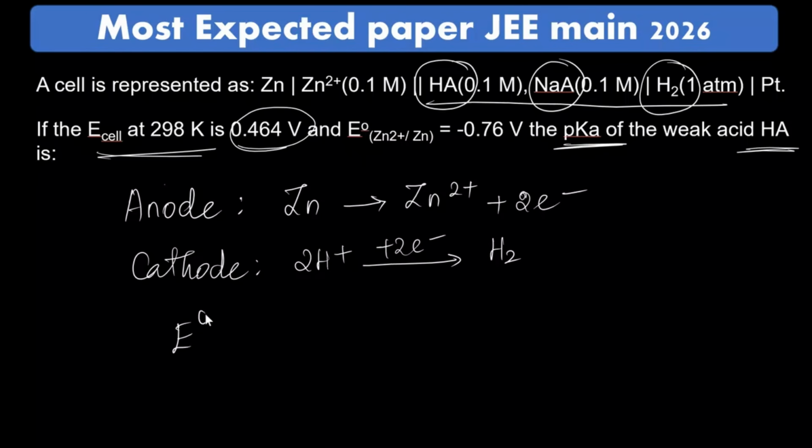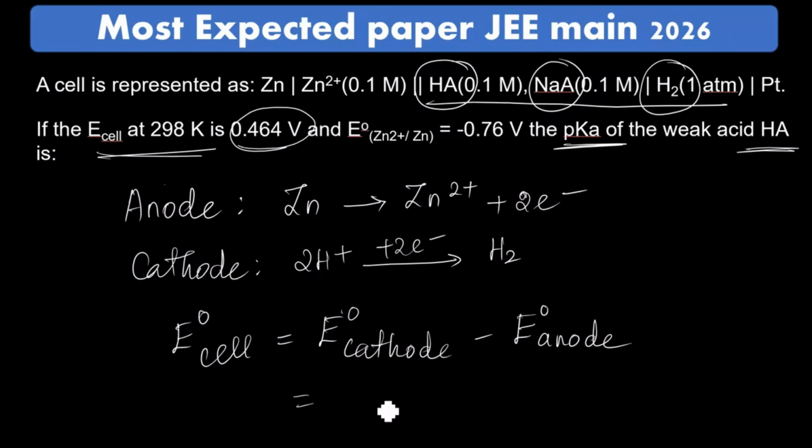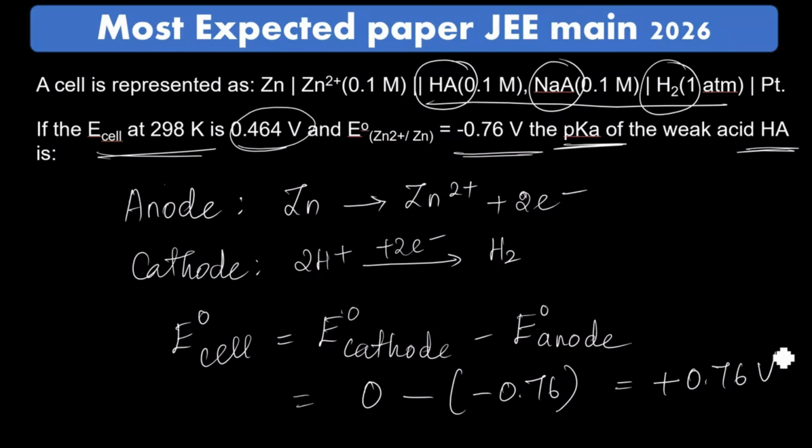So first let's find E naught cell, which is equal to E naught cathode minus E naught anode. Substitute the values. This is a platinum electrode, standard hydrogen electrode, so which is 0, and for zinc that is given as minus 0.76. So minus of minus 0.76, the answer would be plus 0.76 volts.